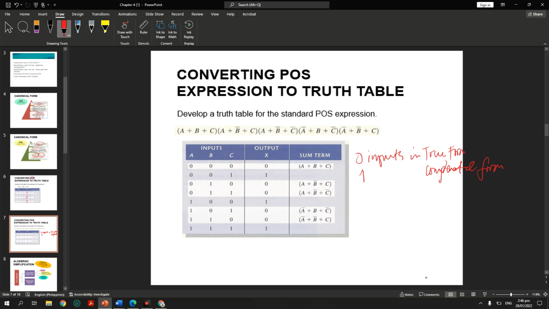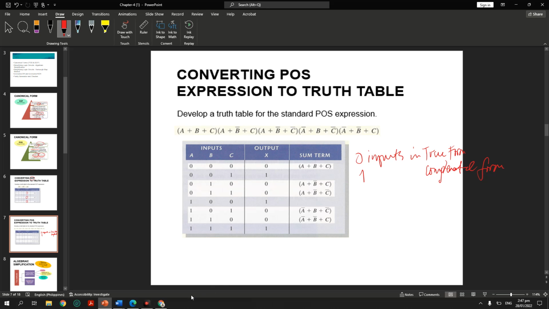In the third term, we have A plus B complement plus C complement. In the inputs, A is 0, so it is written in true form A. B is 1, so it is written as B complement, and C is 1, so it is written as C complement. So that is how we write the expression in the product of sums.